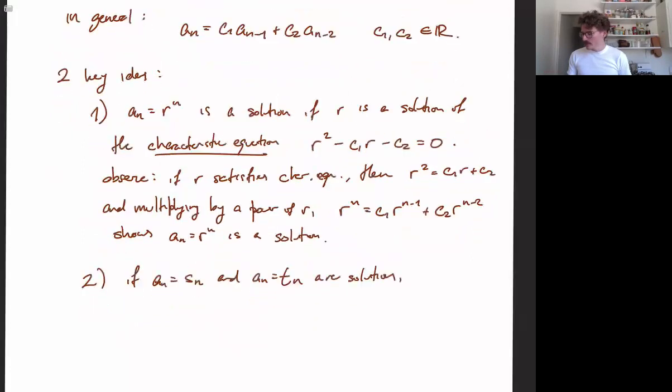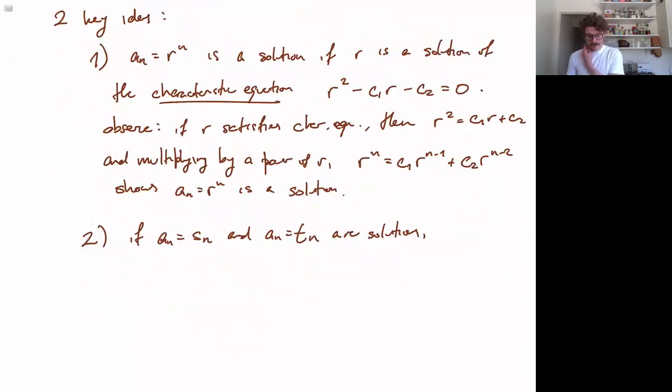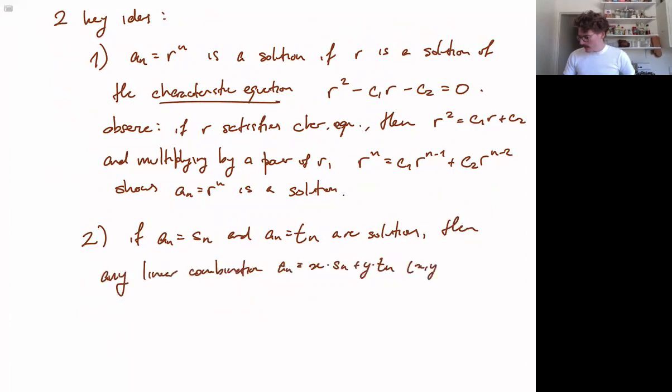So if we have two solutions to this recurrence relation, then any linear combination, let's call it a_n equals x times s_n plus y times t_n, where x and y are real numbers, is again a solution.